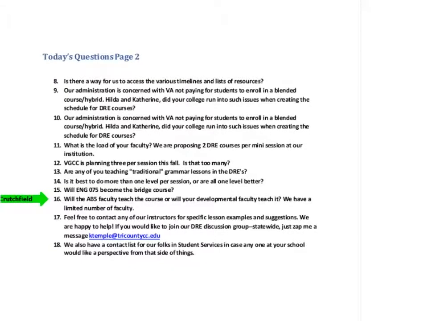However, I will say that developmental ed faculty can teach those courses if that's the college's choice. There's no preclusion for that being done. That's a college decision. Yeah, I think we have faculty, especially adjunct faculty, who teach our developmental courses and they work over in continuing education. So I guess that's just an institutional decision.